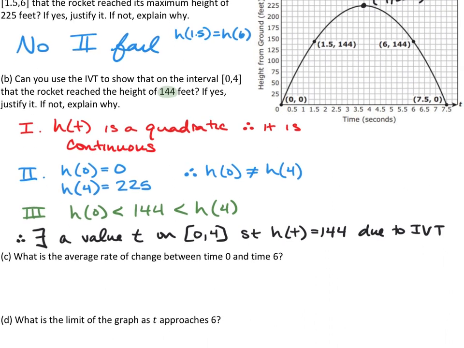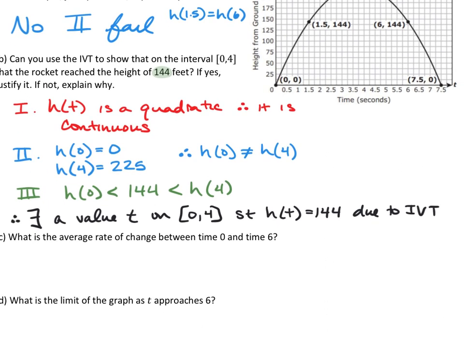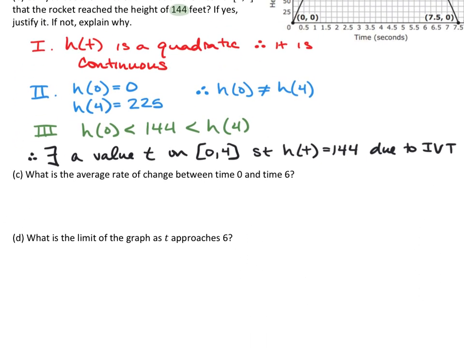Now I'm adding this question back in here because on our test we took last time, the average rate of change question stumped just about everybody. We need to practice some average rates of change. It says, what is the average rate of change between time 0 and time 6? That just means I'm trying to find the slope between the point on the graph at time 0 and at time 6.